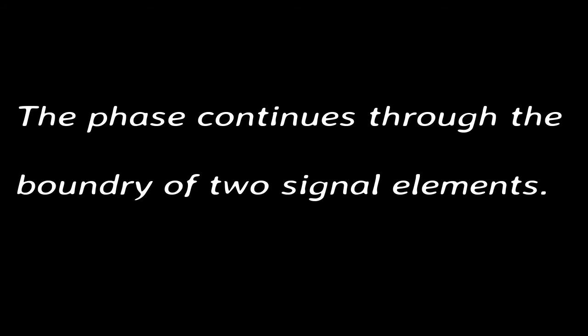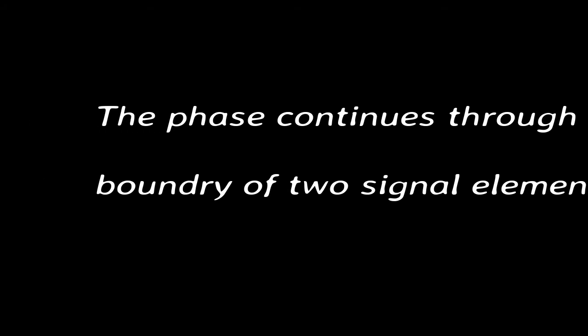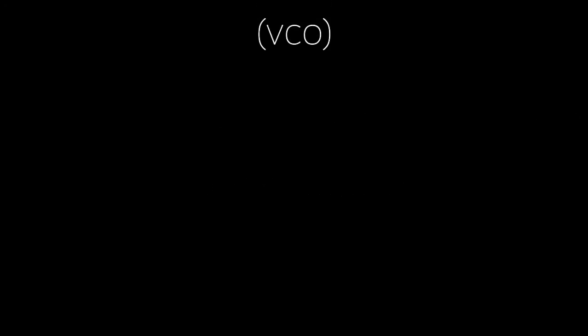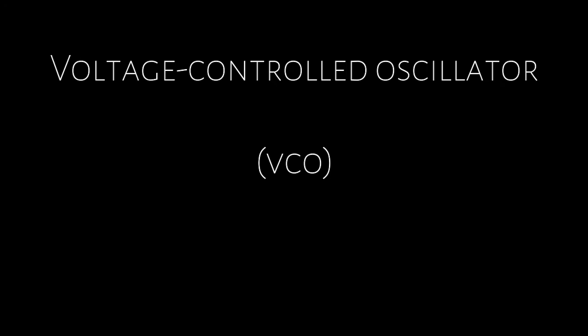The second one is coherent. In coherent BFSK, the phase continues through the boundary of two signal elements, and coherent BFSK can be implemented by using one voltage-controlled oscillator, or VCO, that changes its frequency according to the input voltage.